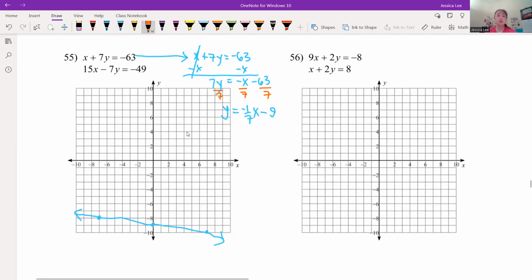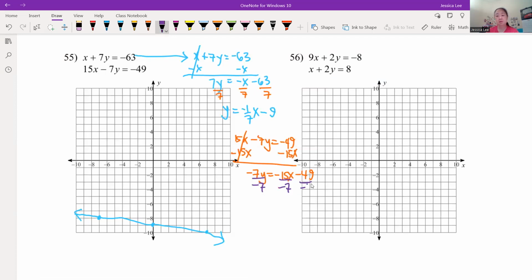And then we're going to do the same thing with the second one. So we got 15x minus 7y is equal to -49. I'm going to subtract 15x on both sides. Get -7y is equal to -15x minus 49. We're going to divide both sides by -7. And we're going to get y is equal to 15 over 7 x, whatever that may be. -49 divided by -7 is +7.